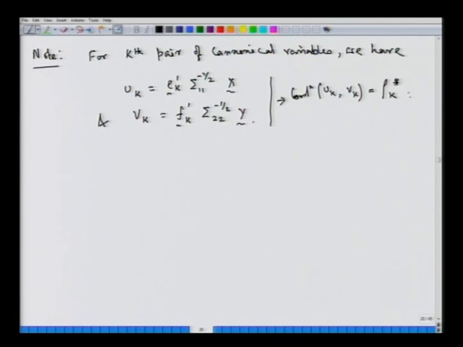So, this is the kth canonical correlation coefficient.